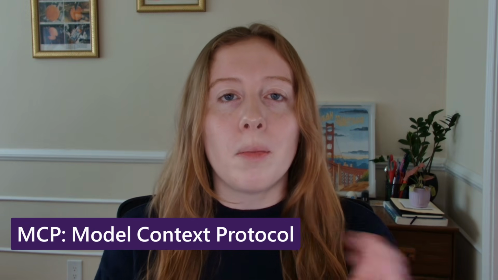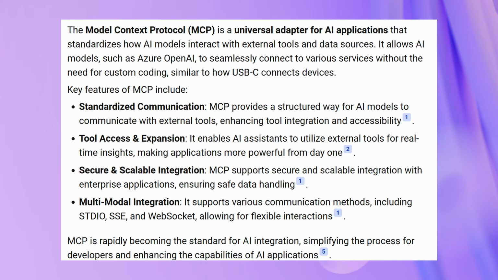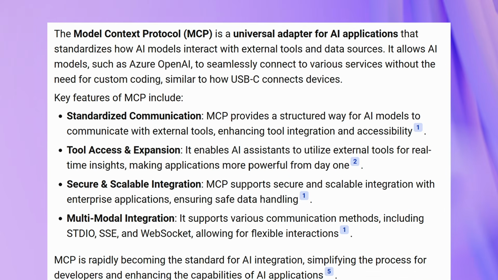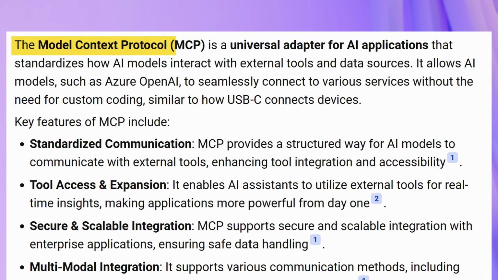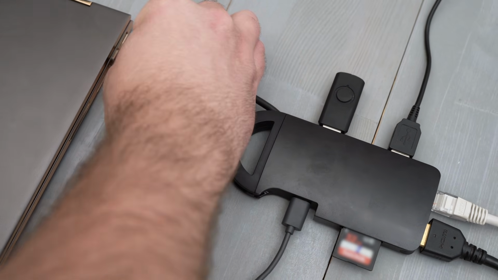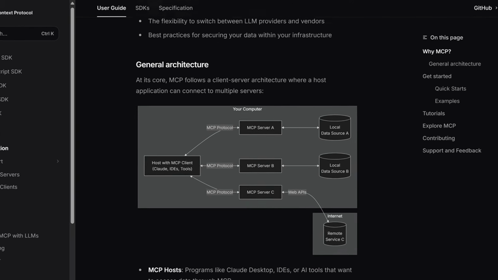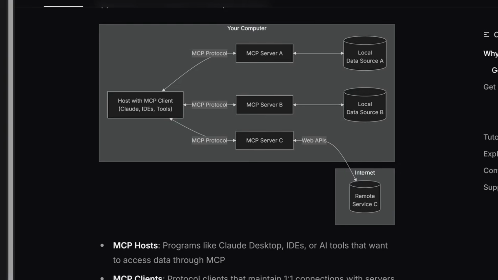This release further extends the power of agent mode by supporting Model Context Protocol, or MCP, servers. MCP servers provide Copilot with additional context and allow it to connect to data, tools, and resources. The MCP website describes MCP as a universal adapter for AI applications. In the same way that a universal adapter lets you connect physical devices to accessories, MCP lets you connect AI applications to data, tools, and resources.